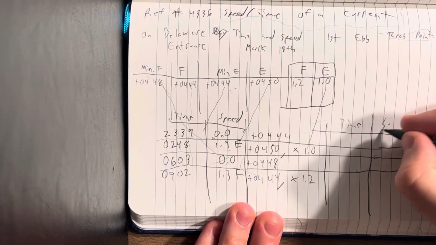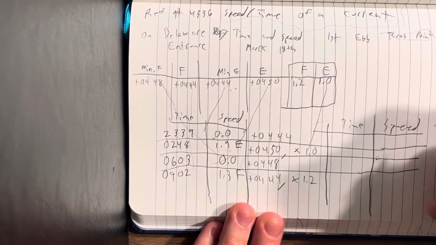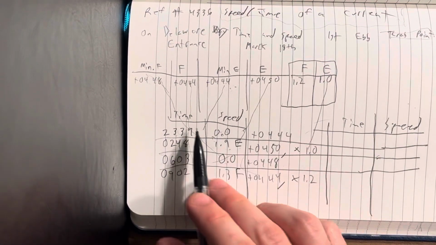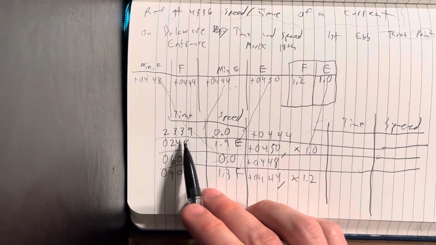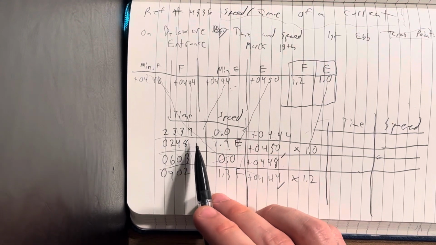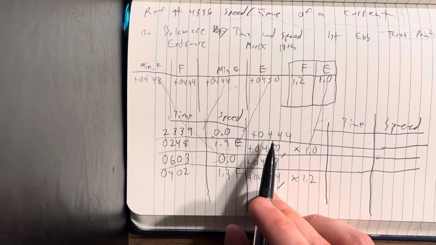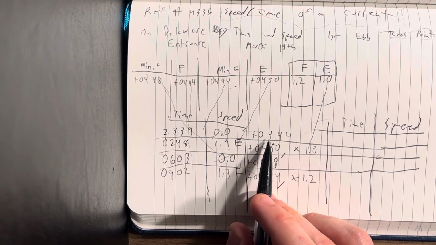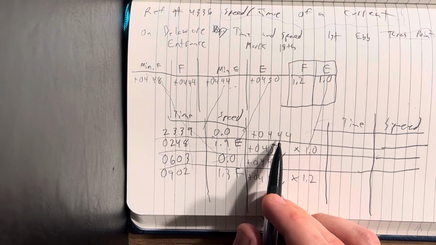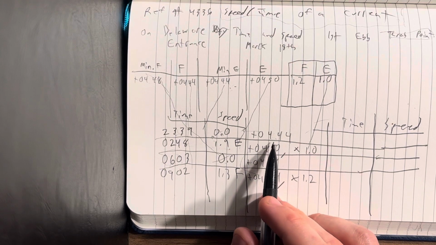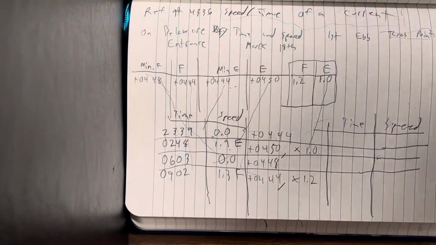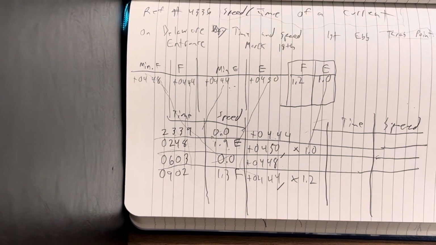Time, speed. So starting here, we add 4 hours, 44 minutes to 2339. So plus 4 hours would give it 0300 plus 39 plus 44, which is not one I necessarily want to do in my head.